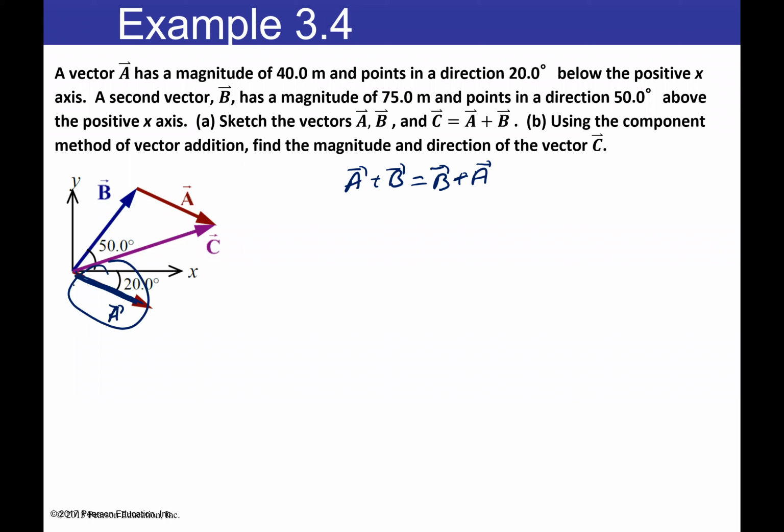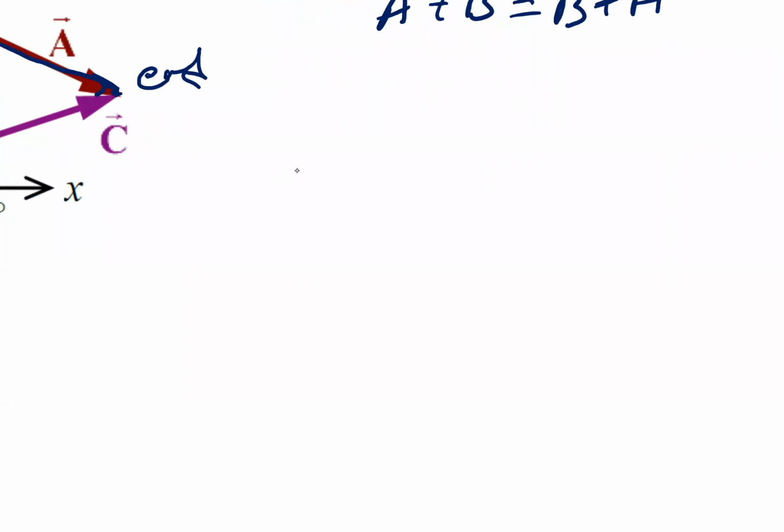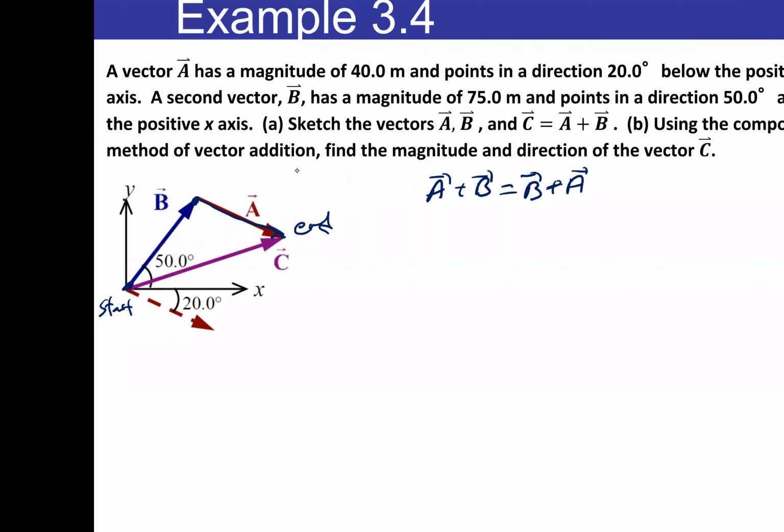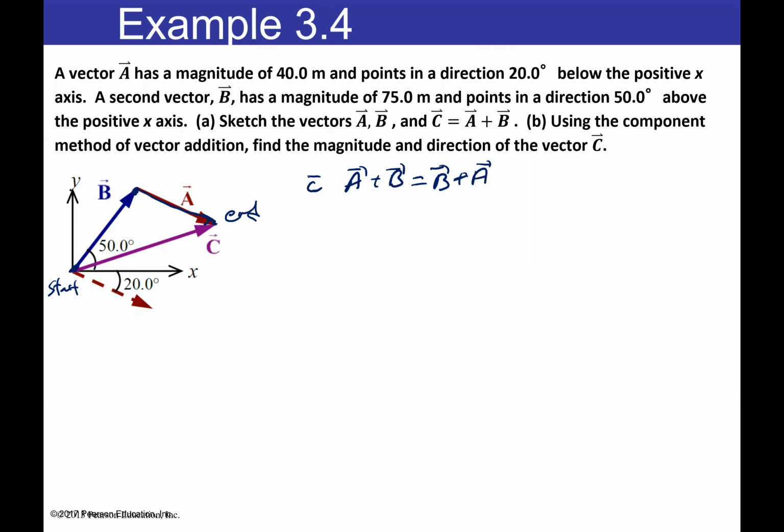So let's say here, I take B and I move it here, so you can see, right, the tail of A connected to the tip of B. And then the resultant will be from your starting point to your end point. Okay. So then the diagonal line is vector C. Here we have this vector C. Put it back. So here's vector C. And this is A plus B or B plus A. What I did right now is the sketch of this resultant vector.